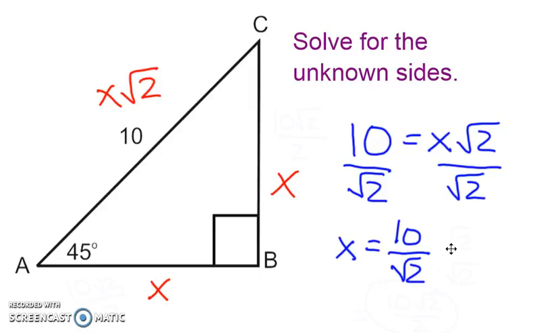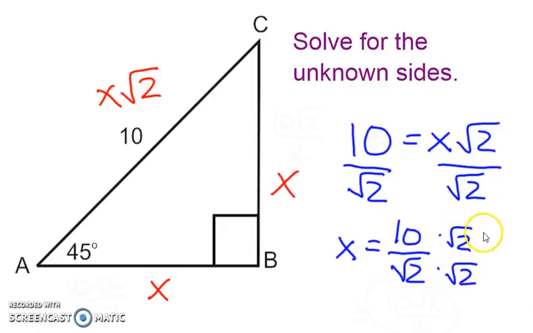So the way you get the square root out of the denominator is, whatever that square root is in the denominator, you're always just going to multiply the numerator and denominator by that number. So I'm taking the numerator, multiplying it by square root of 2, and the denominator, multiplying it by square root of 2. The purpose of this is that if I'm multiplying by square root of 2 over square root of 2, this is really just 1.